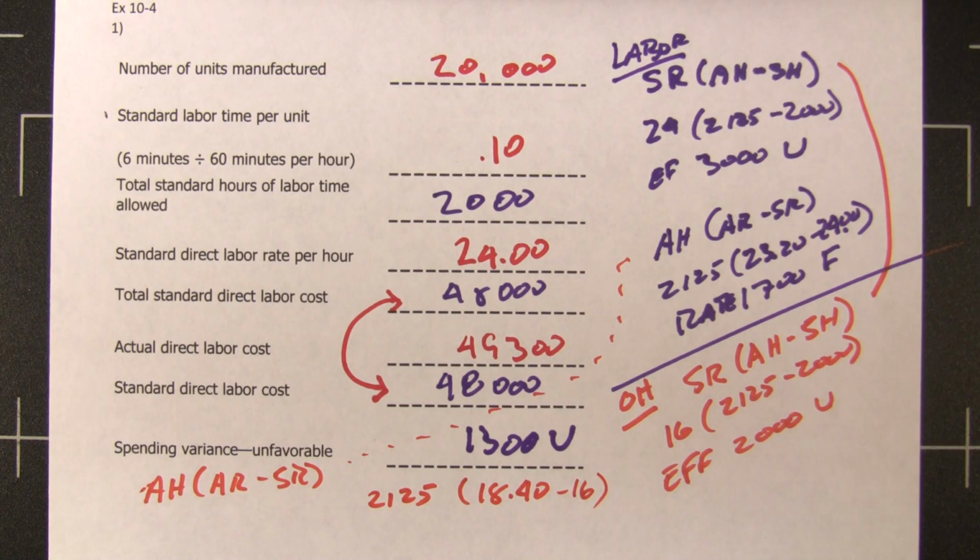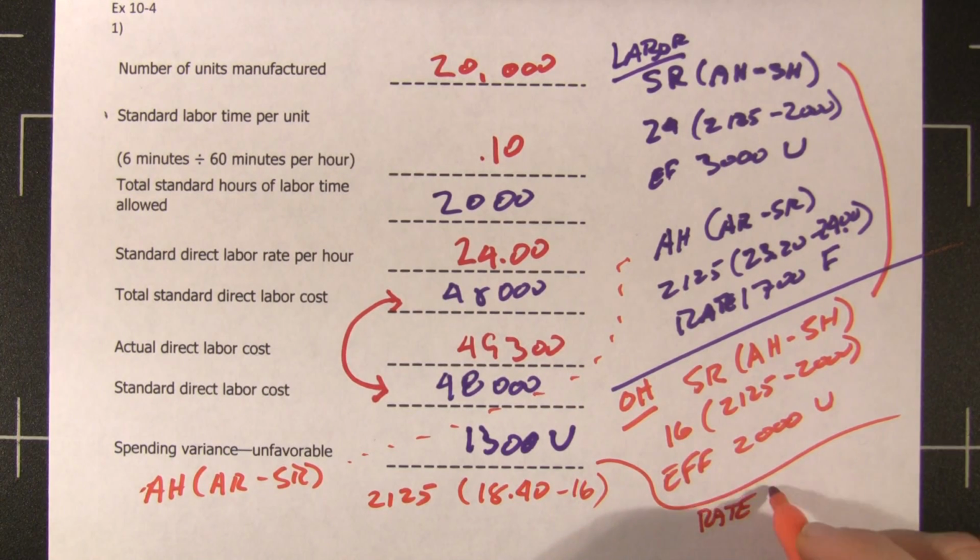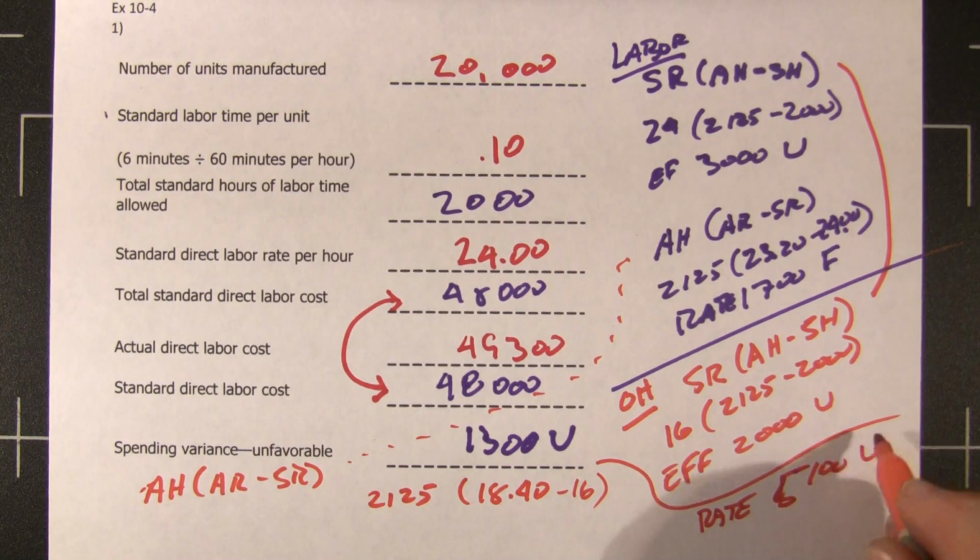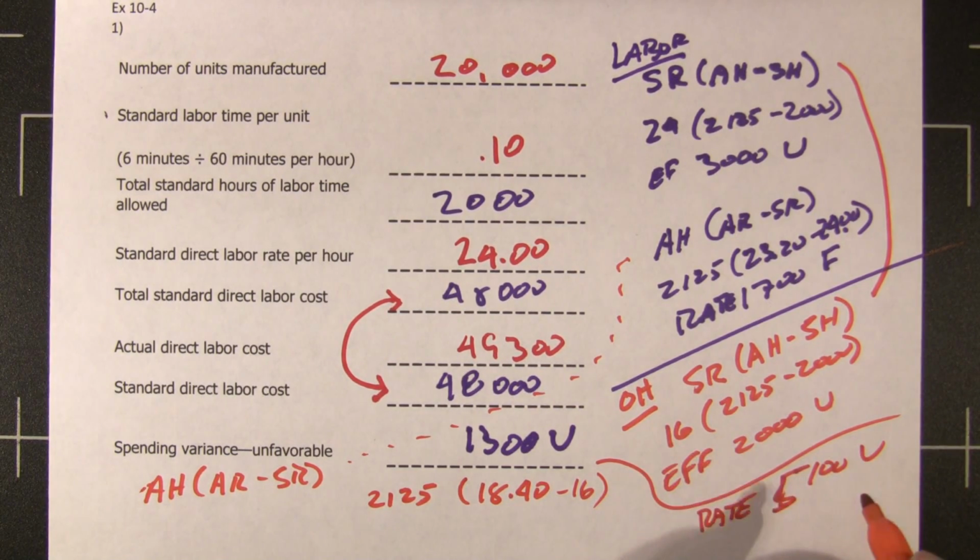And when we did that, our overhead rate variance was $5,100 unfavorable. So I want you to see that the rate variances, whether it's for labor or for overhead, are very, very similar. They look a lot alike. You're basically doing the same thing and just changing the names and the numbers slightly.